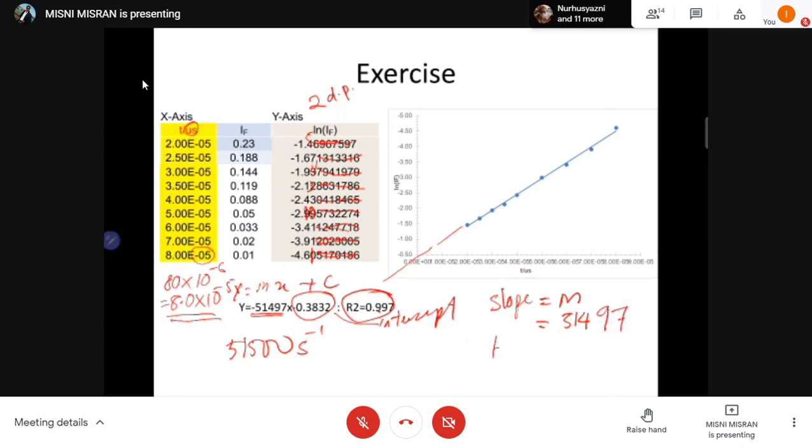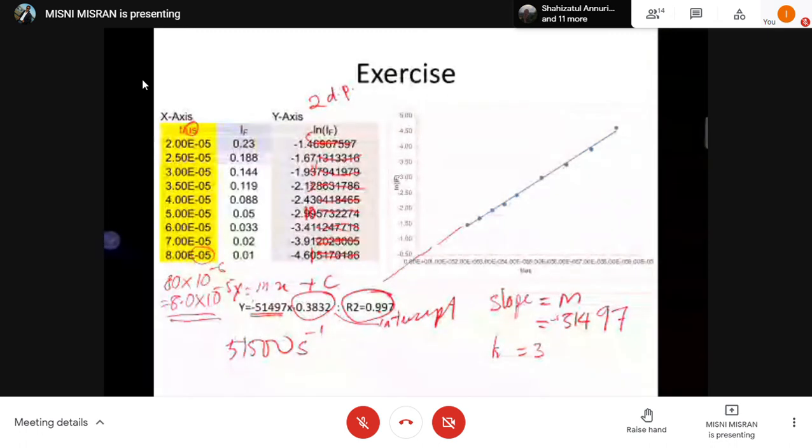Therefore the rate here is 51,000. Am I right? It's positive, not negative.